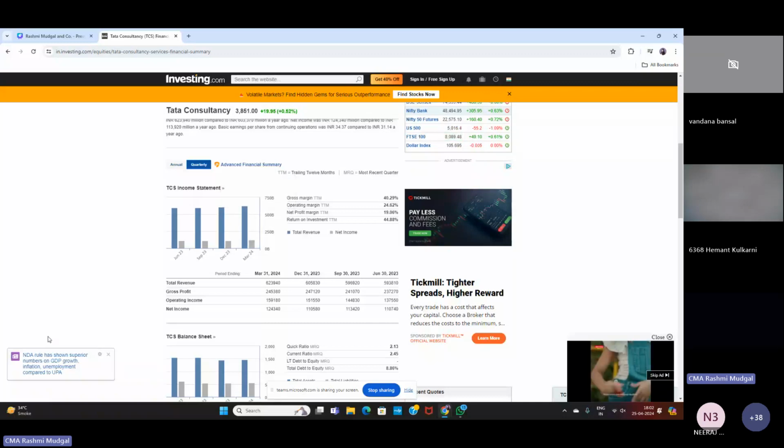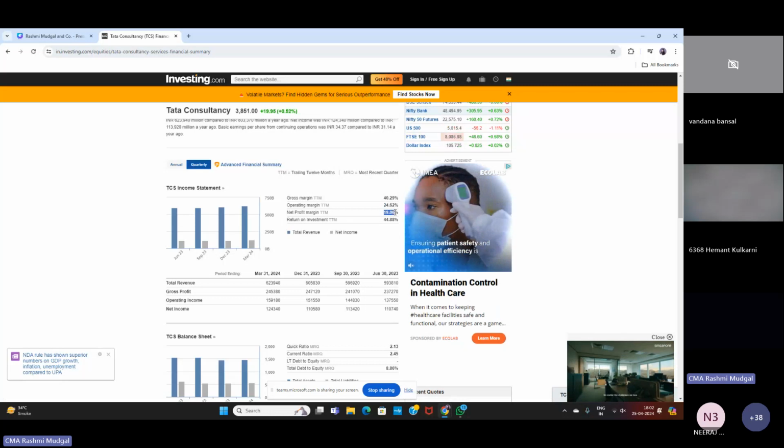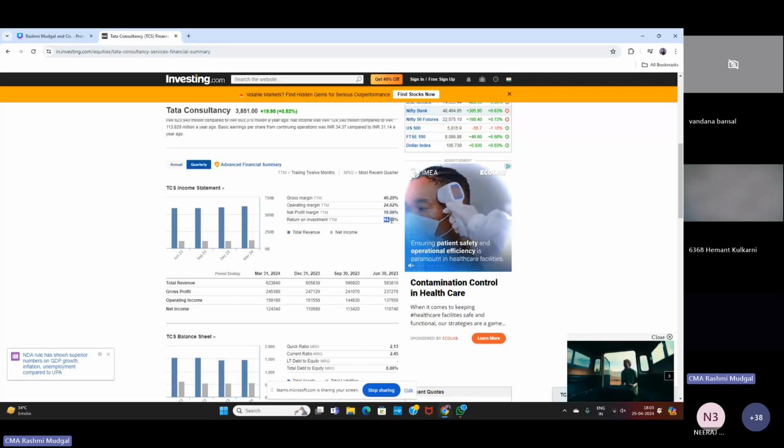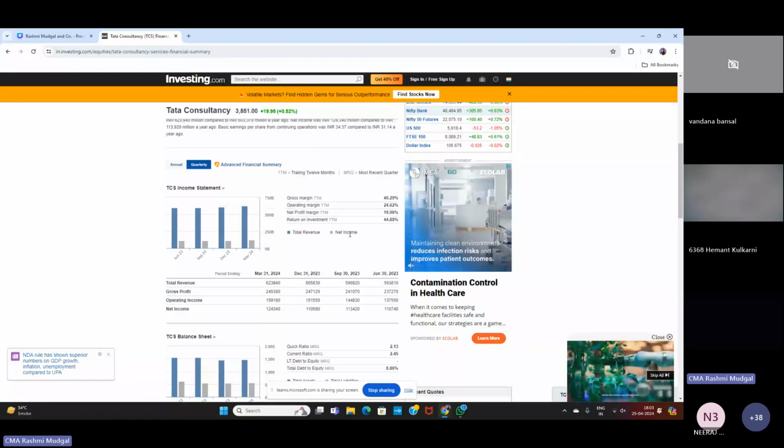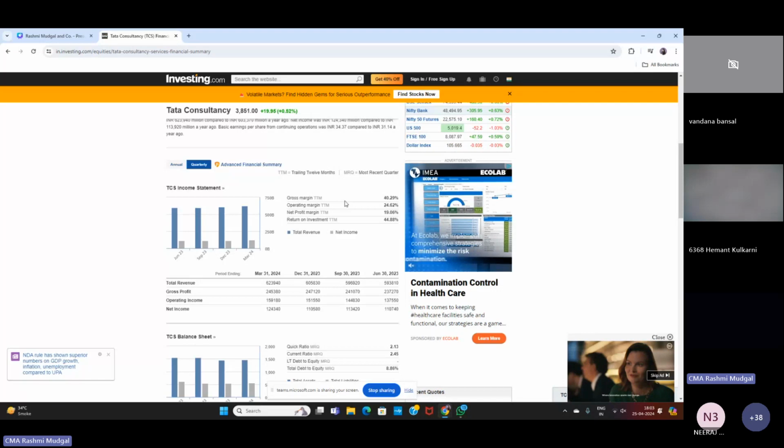We can see the graphical view as well as the gross profit margin, which is 40%, and the operating margin was 24%. Net profit was 19%. Return on investment is 40%. So here we are able to understand that the company is doing great. Okay. Also, is there any question till now?